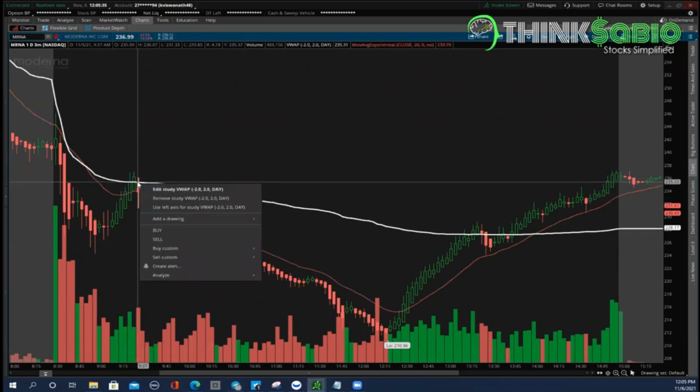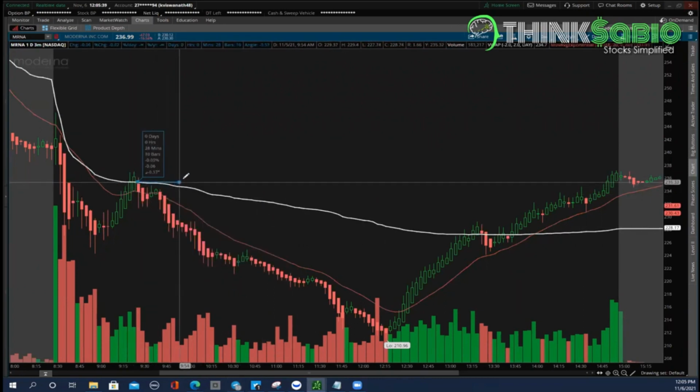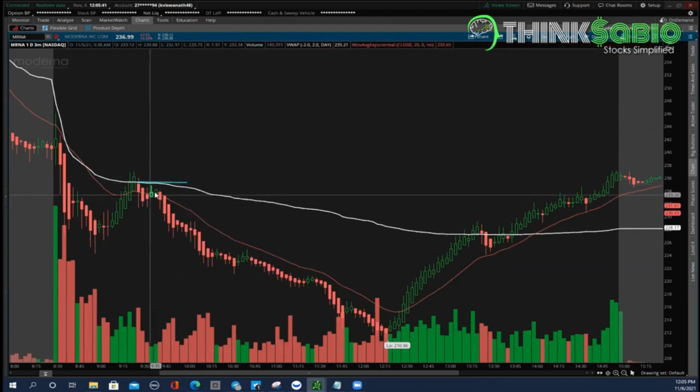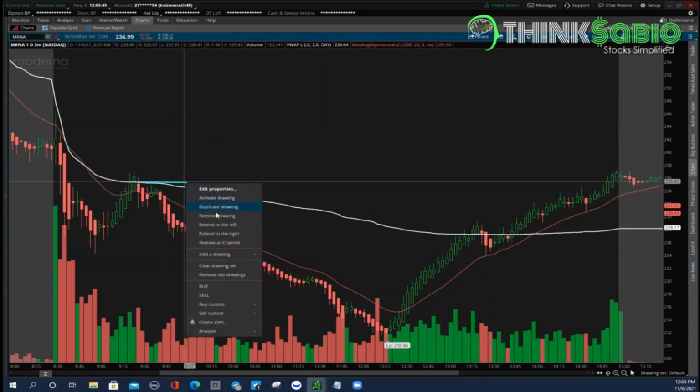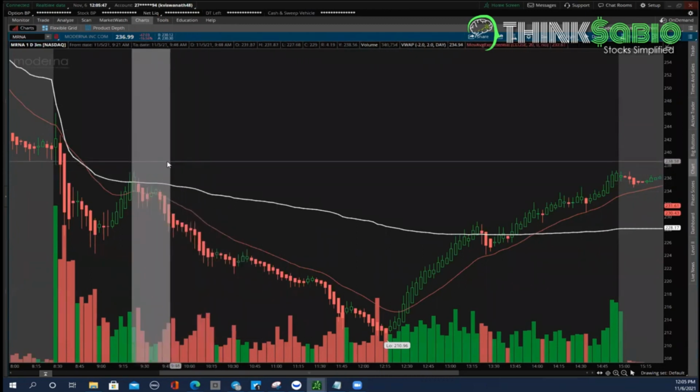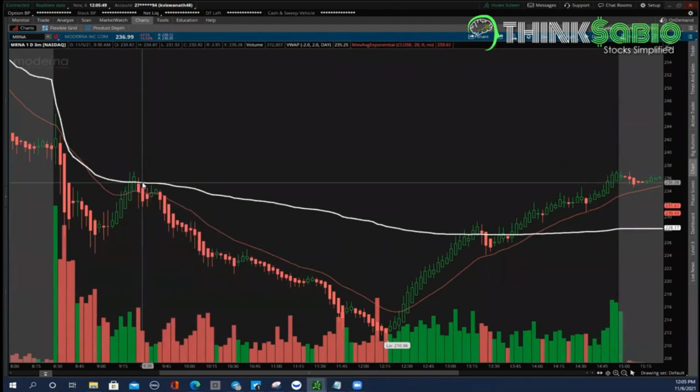You set your stop loss here, somewhere here. And if price crosses this point, you're out, or you can move it to somewhere else, wherever you like. But the point is that you are not alone when you are trading VWAP.